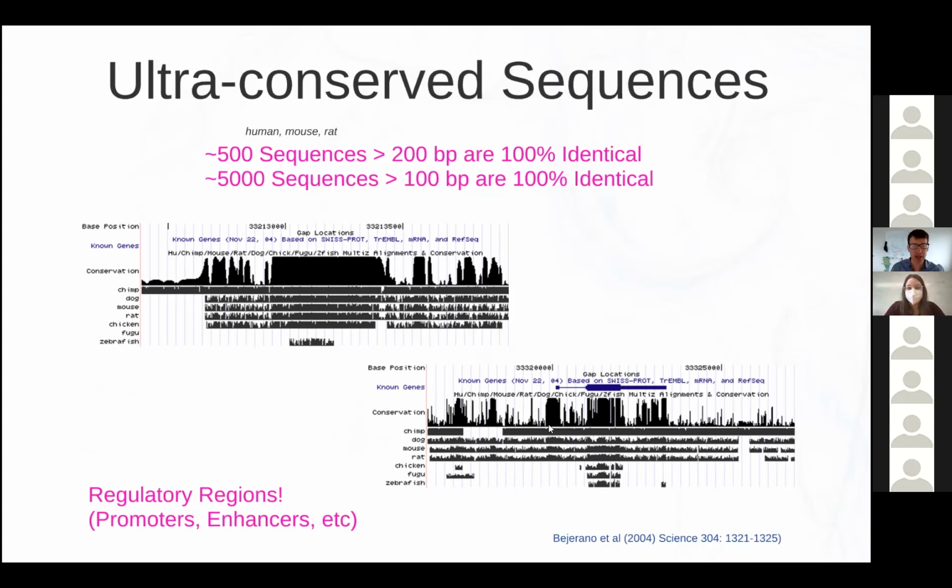And so again, the point of all this is you can use it. You have your gene of interest. Maybe you have variants that nobody knows about. What rules do they break? What rules do they continue to adhere to? But big surprise, regulatory regions are very well conserved.